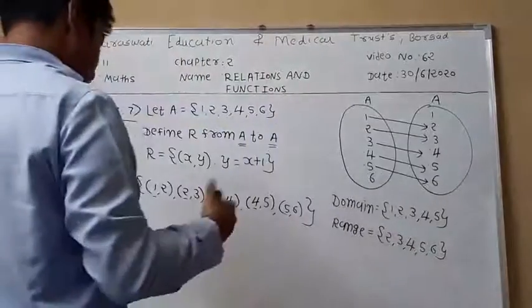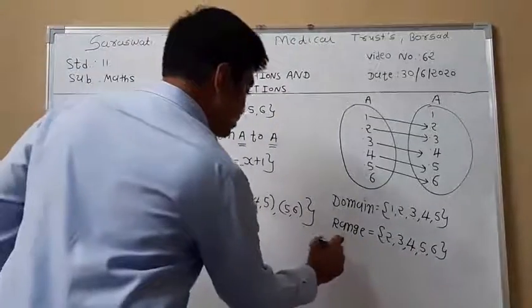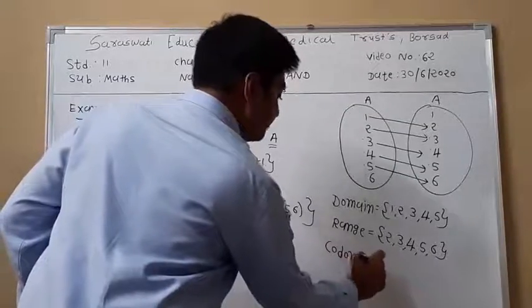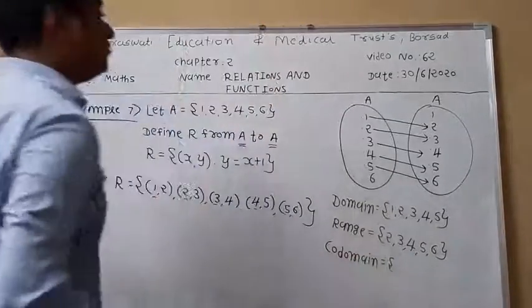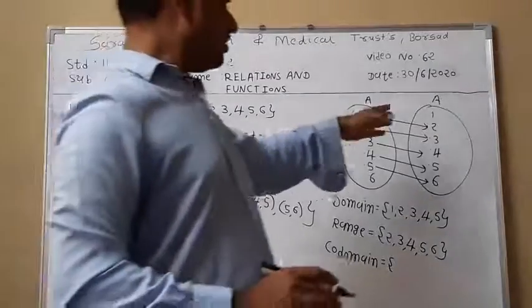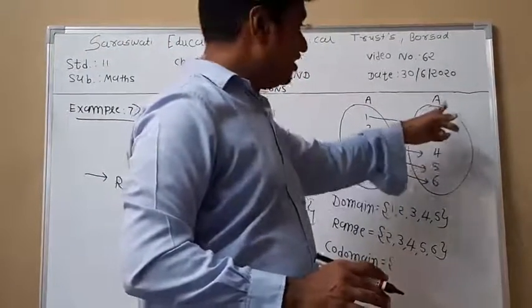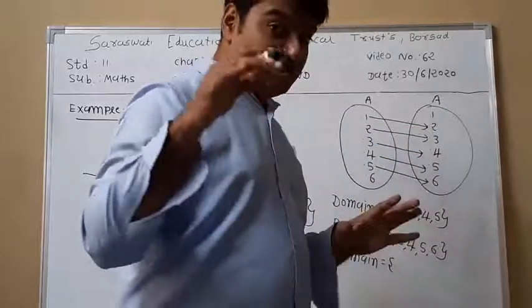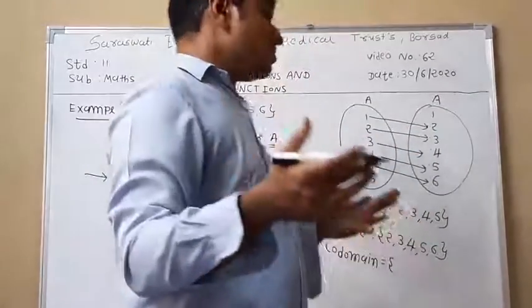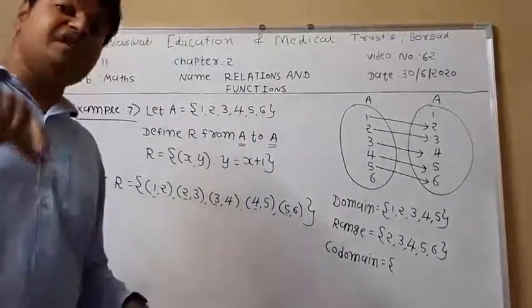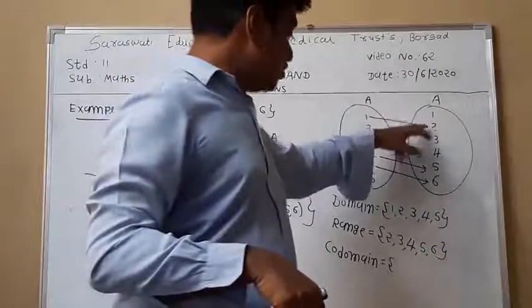Now our third condition is the codomain. In the case of codomain, by our definition, suppose sets A and B are present, then all the elements of set B are our codomain.